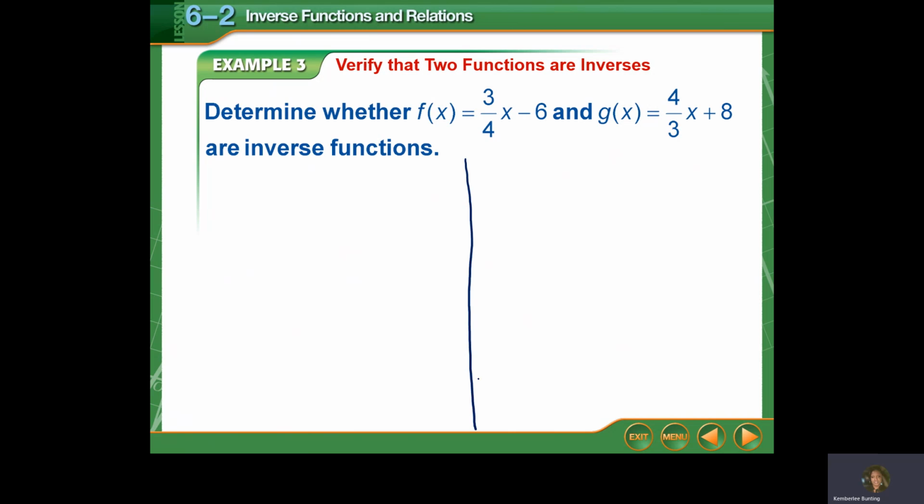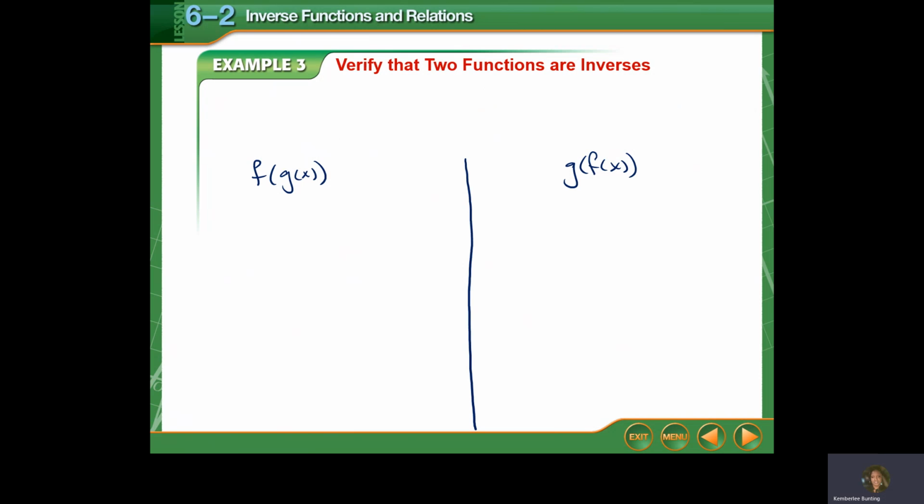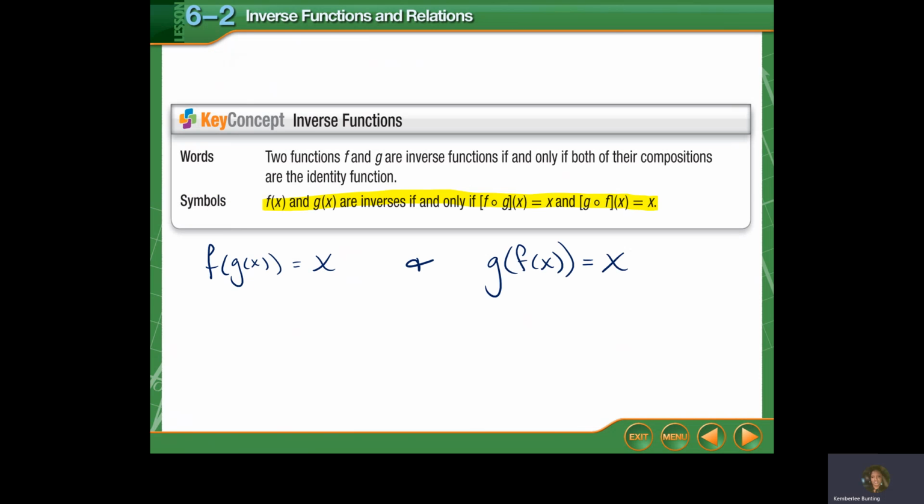Remember, I'm going to have an f of g of x side and a g of f of x side. Both of these situations ultimately have to both be equal to what value? Have to both be equal to x.